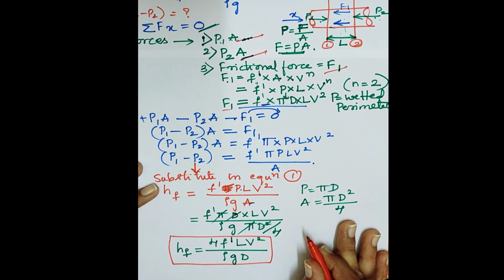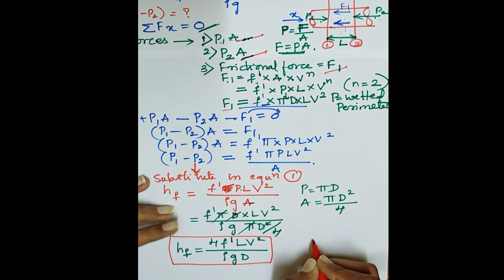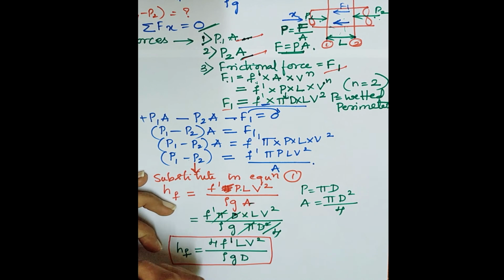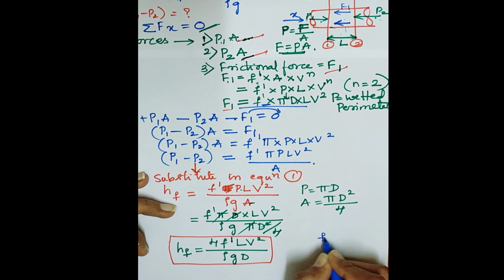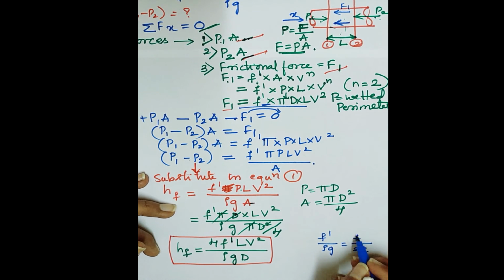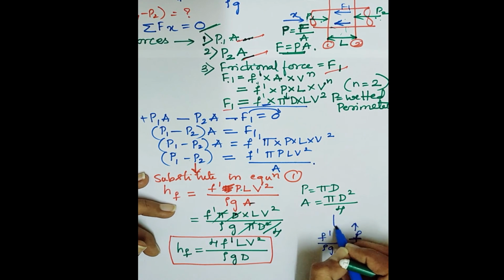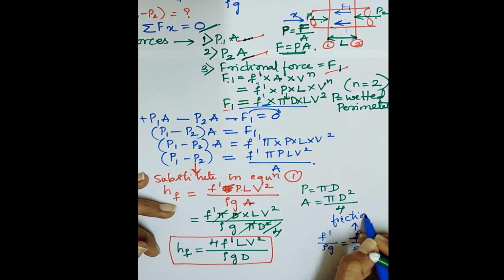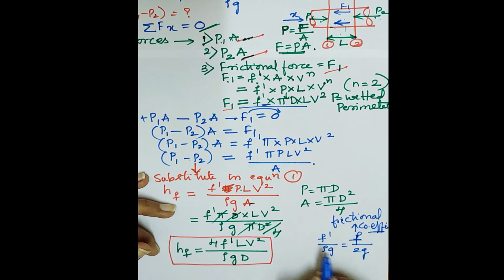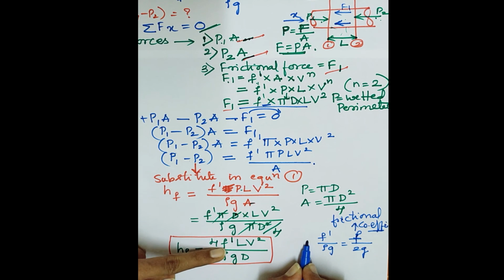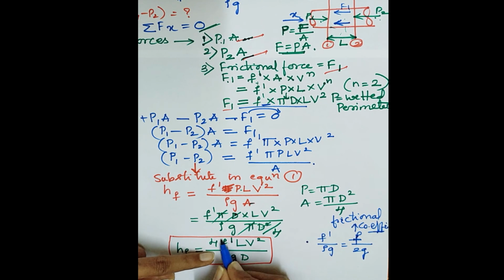If we represent this frictional resistance in terms of a coefficient, F dash by rho G is equal to F divided by 2G, where F is the frictional coefficient.